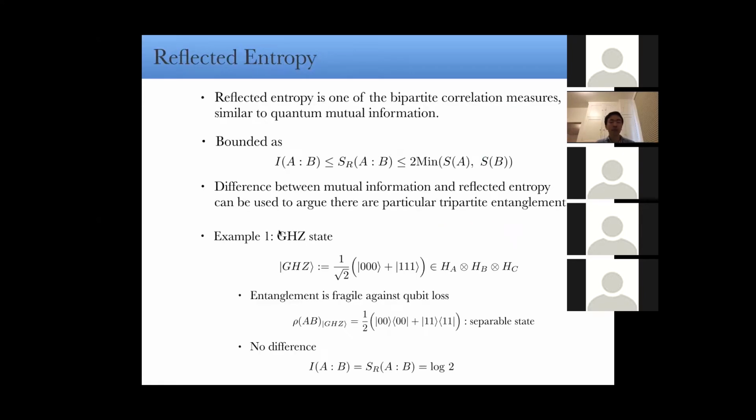But it is a different quantity when you consider a mixed state. The reflected entropy is one of the bipartite correlation measures, similar to quantum mutual information. And indeed, the reflected entropy has the following bounds. It is lower bounded by mutual information, and it is upper bounded in terms of entanglement entropy.